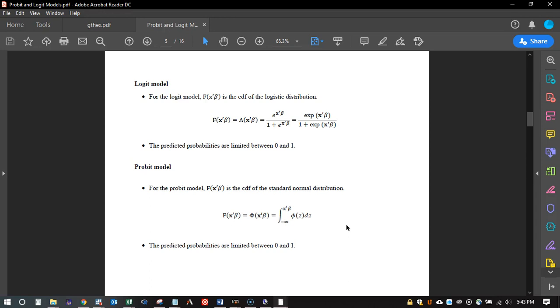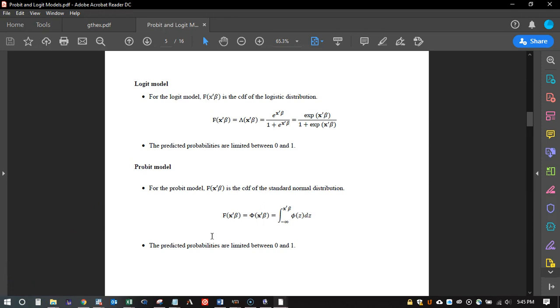The CDF is what we use to estimate, essentially, the potential statistical significance of our underlying regression model. And depending upon the assumptions we make of the cumulative density function, in the Logit case, we assume that the CDF is distributed logistically, and in the Probit model, we assume that the CDF is distributed normally.